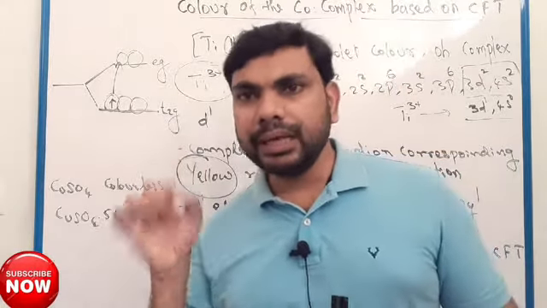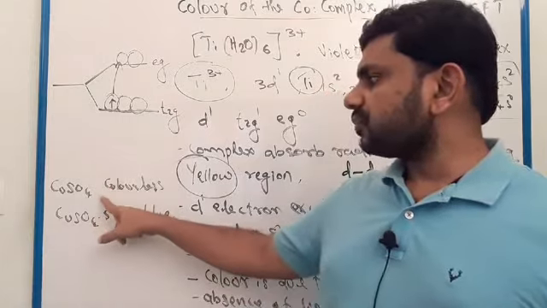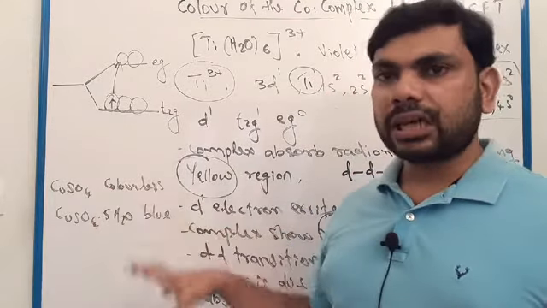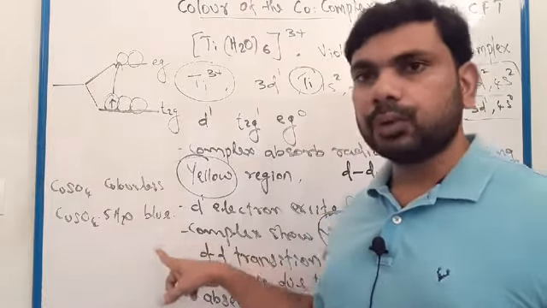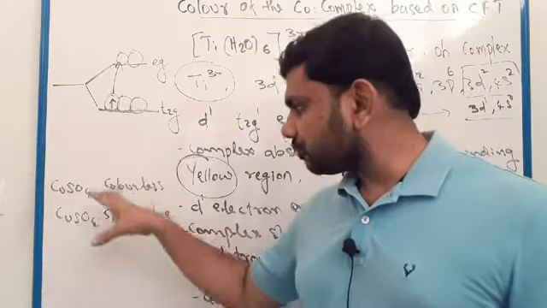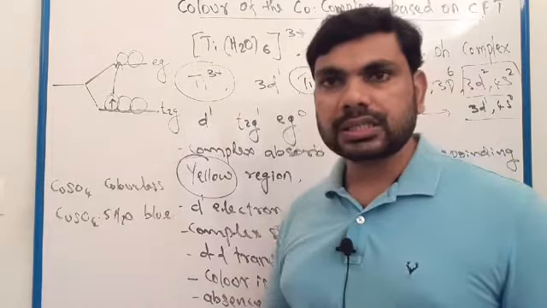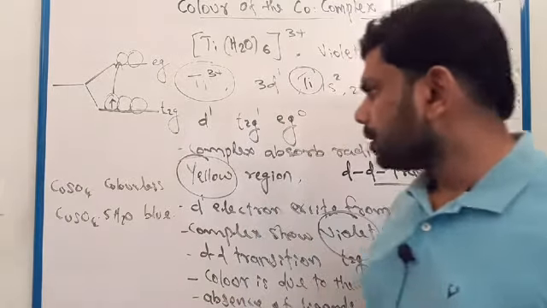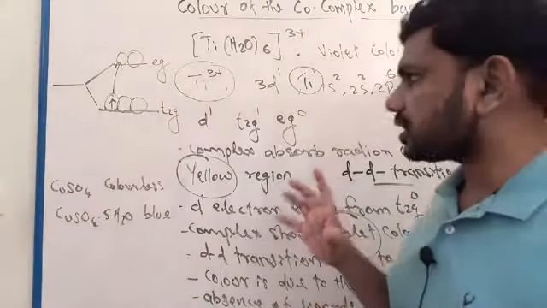Look here, copper sulfate is colorless. Copper sulfate with 5 water molecules is blue. Here the water molecule is a ligand. In the presence of ligand, it is blue. Without ligands, it is colorless. Clear?